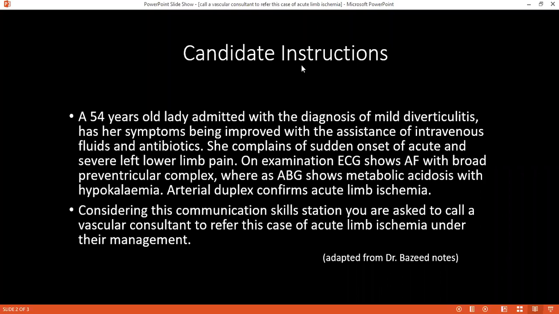Just a few seconds. You'll be able to hear the bell. 14 seconds left. Right. So if you have read and understood, considering its communication skills, patient, kindly begin.